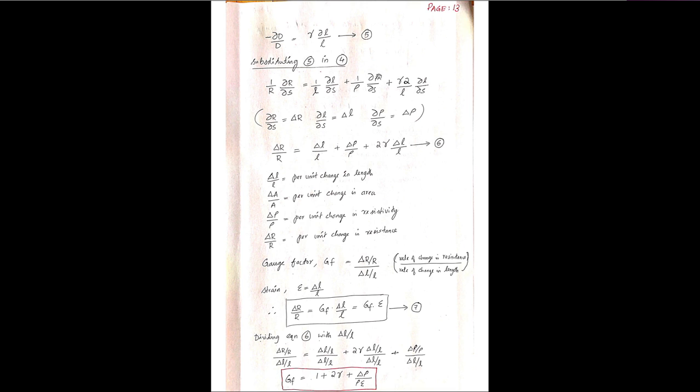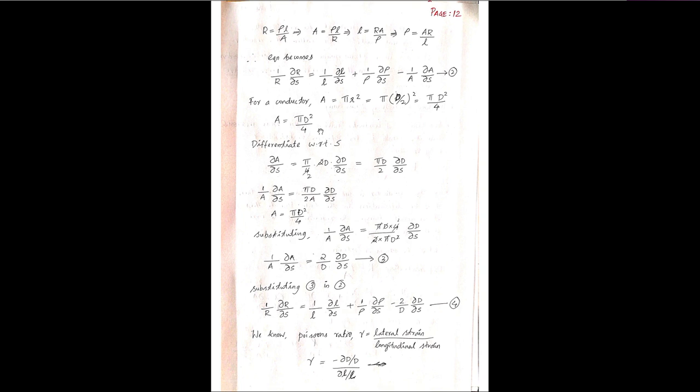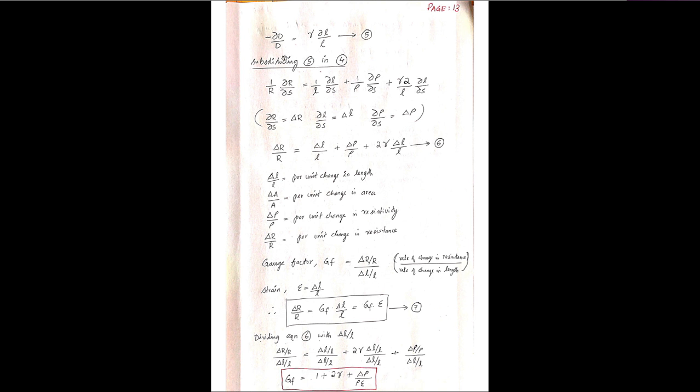Okay, so cross multiplying dou l by l, here we will be getting minus dou d by d, which is equal to nu into dou l by l, which is equation number 5. So substituting this 5 in 4.